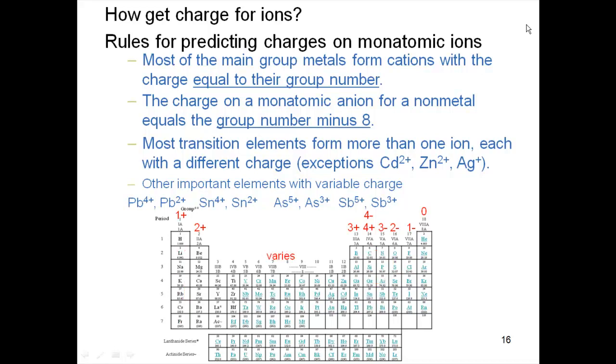Then we have our transition metals, which tend to be variable. If you had to guess at a charge, then +2 is a reasonable guess, but it's variable and it depends on what it's connected with. And that's why we have to name the Roman numeral of what charge it is, so we know how to put back the formula when we write the formula.